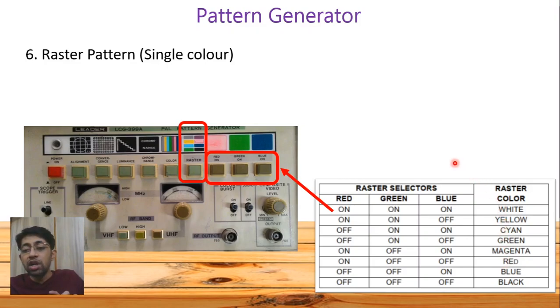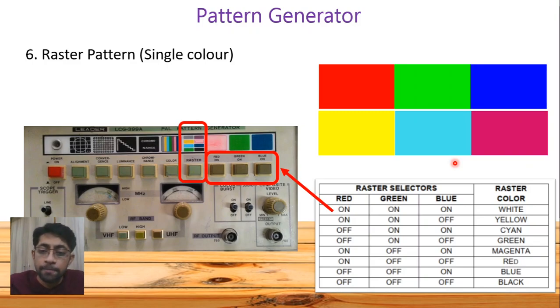These different colors are useful for checking the purity of the color produced by your TV system, and also for checking the uniformity of the color, whether it is produced uniformly over the entire screen or not. So this raster pattern, that is the unique color pattern, is also helpful for us.